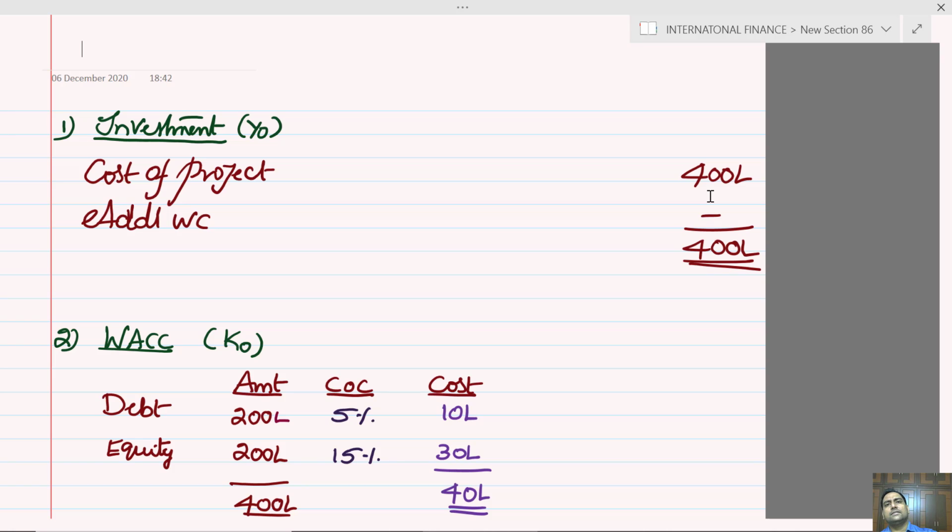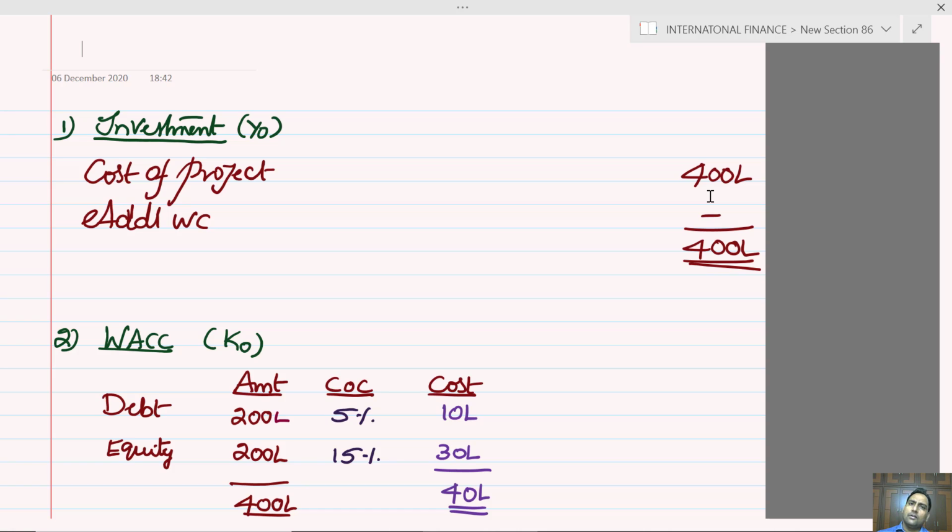So 400 lakhs, they don't have any information about working capital. They're simply saying that the cost of project, expected cost of project would be 400 lakhs. That's why I have taken 400 lakhs as an investment. In case if there is any additional working capital requirement, that should be added. Apart from that, any installation costs have to be added.